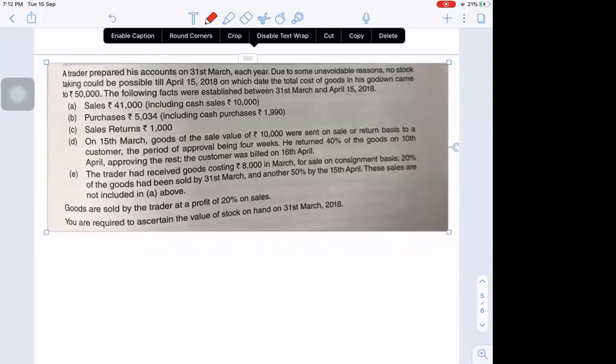Could you please read? A trader prepared his accounts on 31st March each year. Due to some unavoidable reasons, no stock taking could be possible till April 15, 2018, on which date the total cost of goods in his godown came to rupees 50,000.